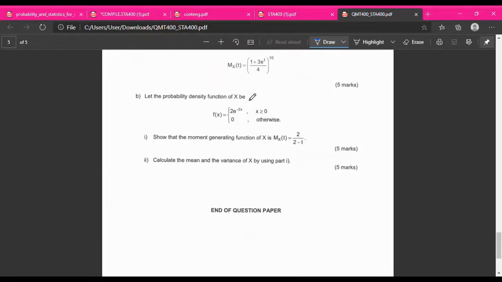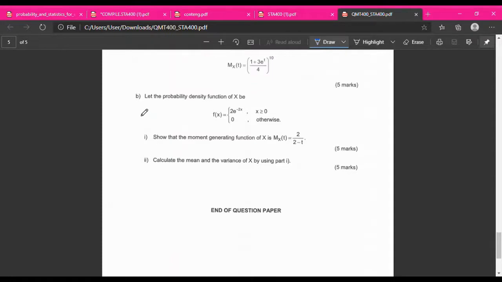Okay, so now it wants you to show the moment generating function for this function is 2 over 2 minus t. Okay, is that right? No, this is not the exponential.